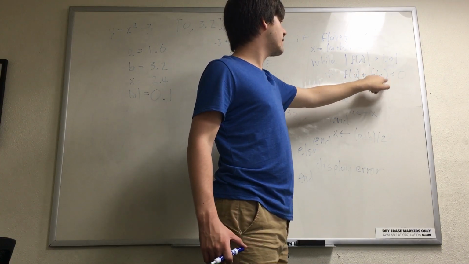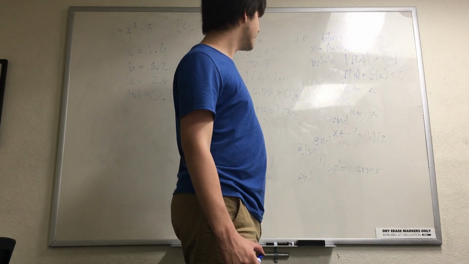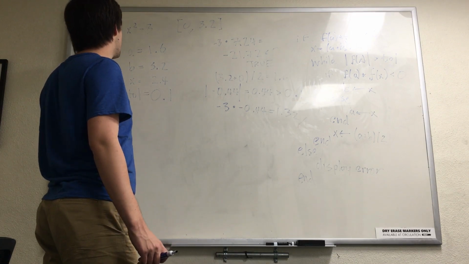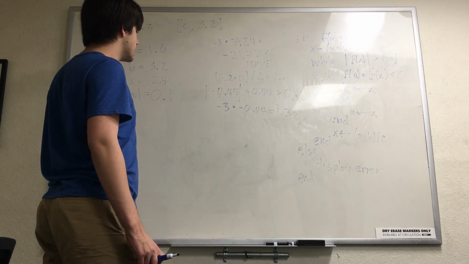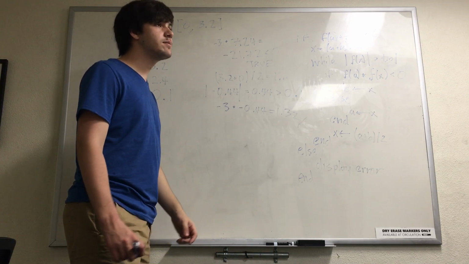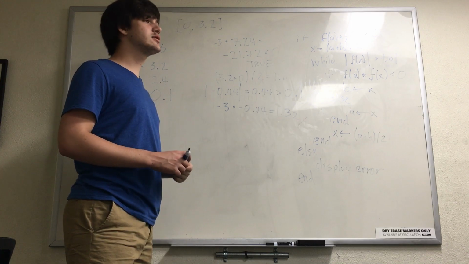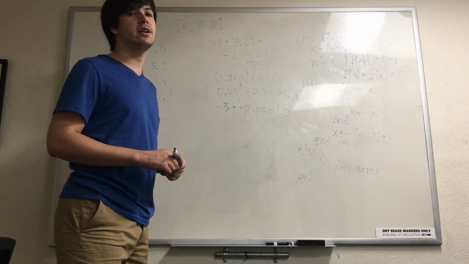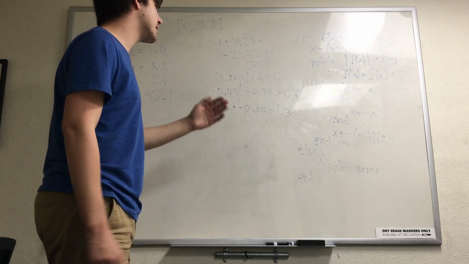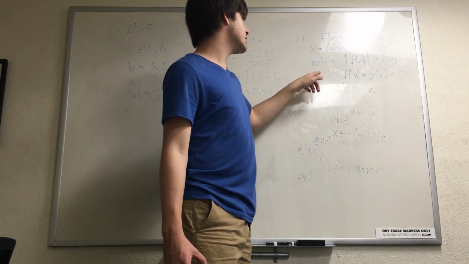f of a times f of x is less than 0. It turns out that f of a is equal to minus 0.44. f of x is equal to 2.76, and whenever you multiply it, you get something around minus 1.1, and that ends up being negative, so this ends up being true.